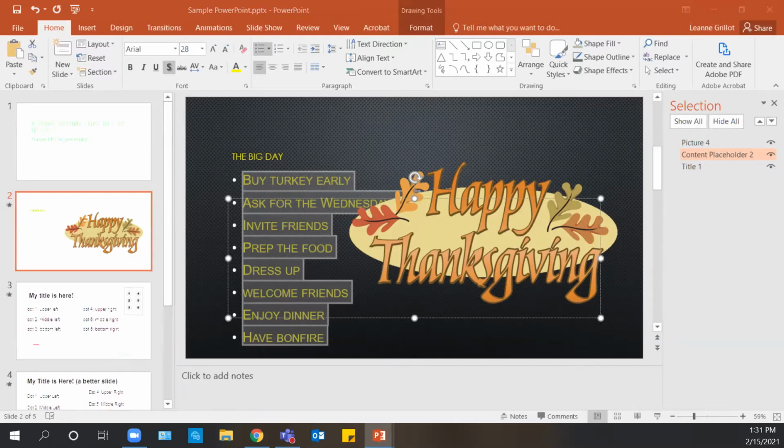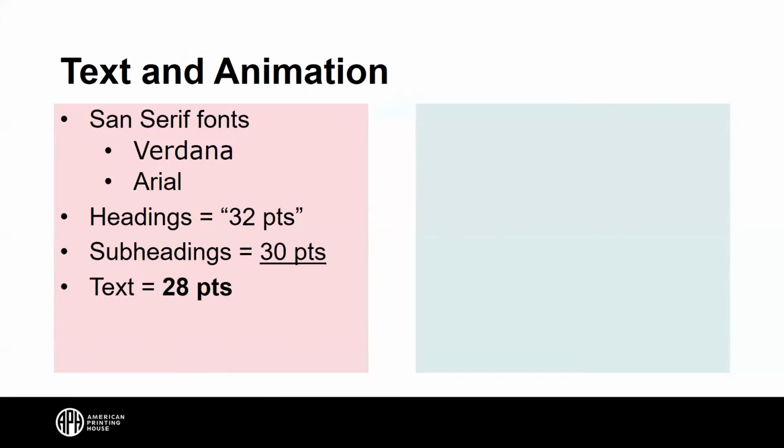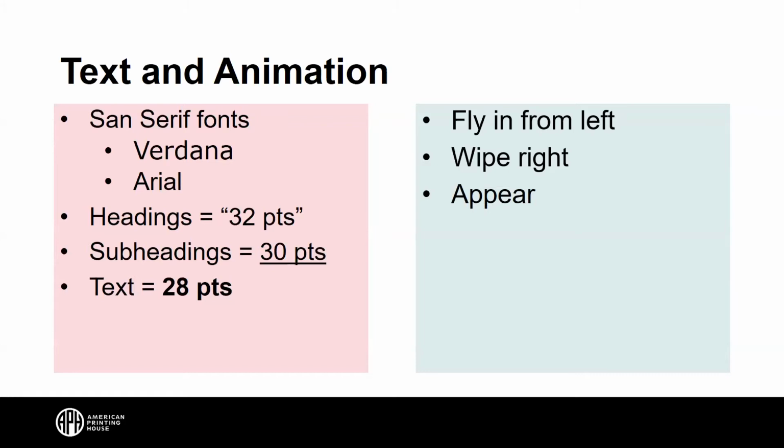Another piece of information that I neglected to share, but I will pull that out right now so that you can see it. When you have 2 pieces of information in 2 buckets, I had the section of text and animation where one section was talking about the types of fonts, the other was talking about the animation.